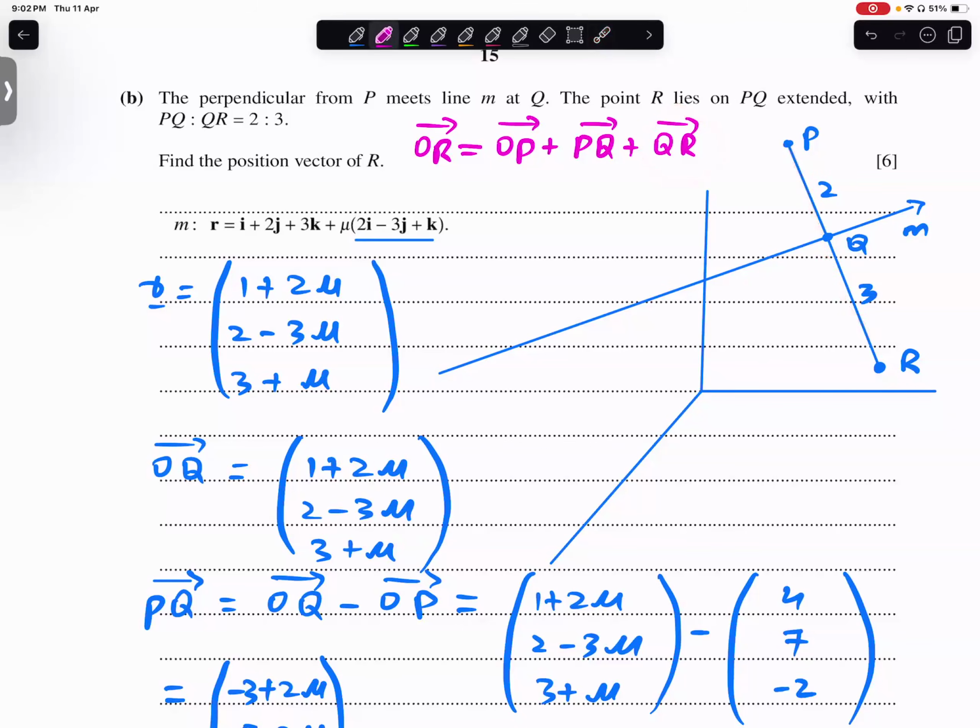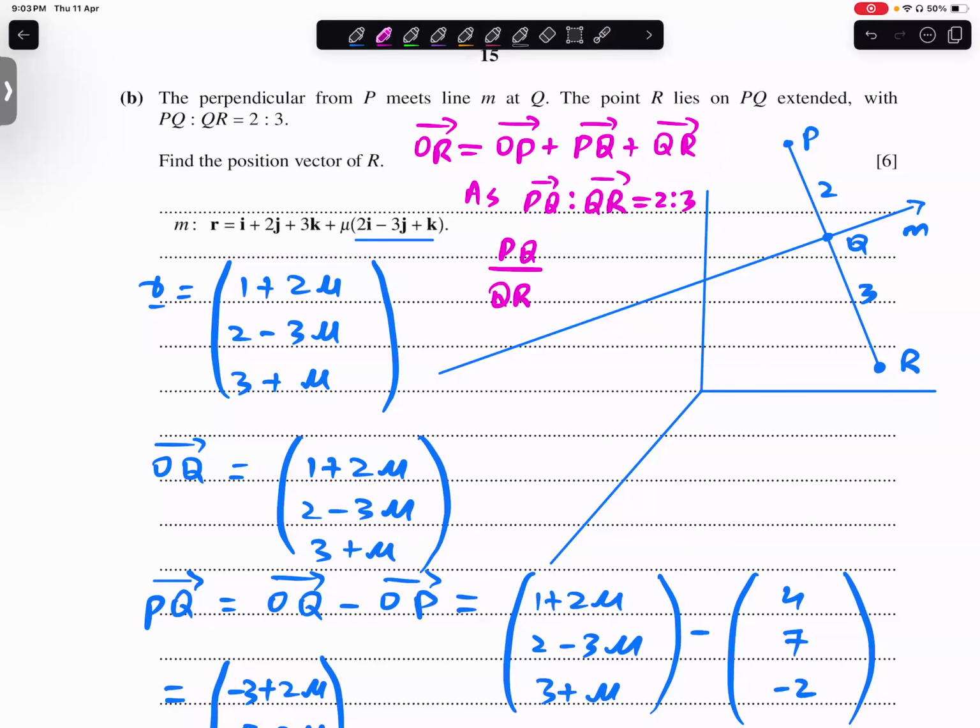And what's that? Let me tell you that the ratio of PQ to QR is 2:3. So that means PQ over QR. Please student, do not divide vectors, okay?